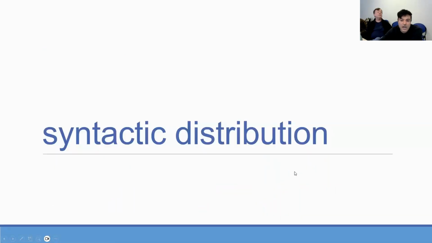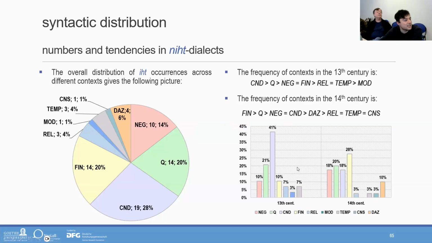And there are also other distributions, syntactic distributions, so the context in which ich happens in these dialects. Here we can see that we have mostly ich in the conditional context, followed by final clauses and interrogative clauses, questions, but also in negative contexts. So contexts that already contain a negation mark.